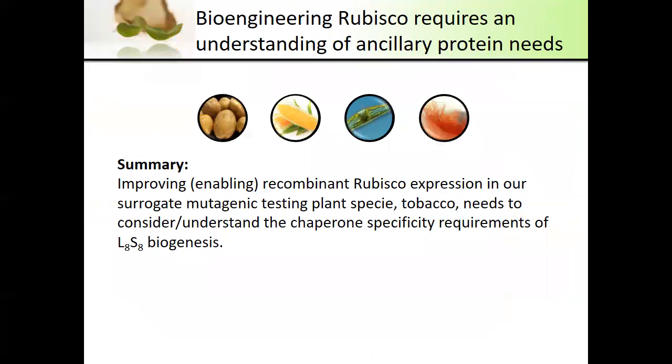But what it did show us, and we realised this a number of years ago, is that for us to continue on with our recombinant Rubisco expression studies, we needed to understand the chaperone requirements of Rubisco. Unfortunately for us, people like David Stern at Cornell and Manajit Hartl at the Max Planck Institute in Germany had actually started to do this in earnest.